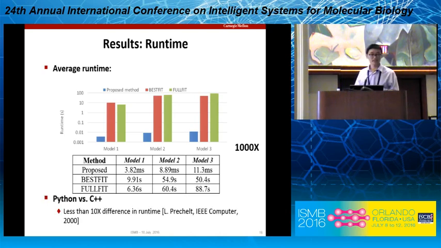One thing to note is that our method is implemented in C++, but the other two, from Berezovsky at Rice University, were implemented in Python. So we compare the runtime for the two implementations. Usually Python versus C++ differs by less than 10 times in runtime. So we can claim that our method is 100 times faster than the other two.